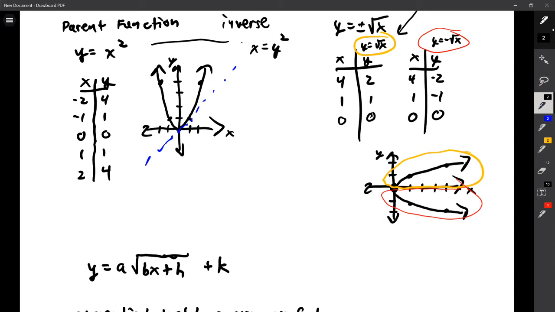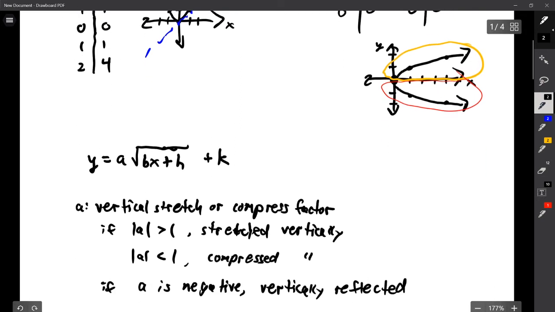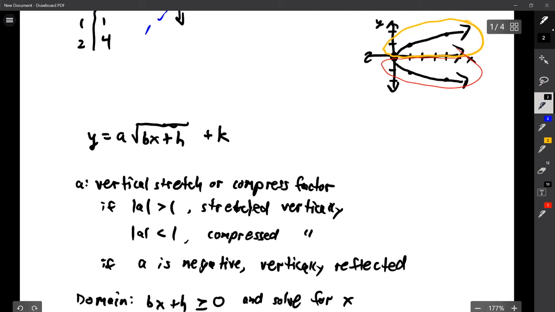So unless you're willing to deal with imaginary numbers, you have to make sure that what's inside the square root is 0 or bigger. And that's what we mean by this greater than or equal to 0, that it's 0 or bigger. And so that tells us what x values our graph will have.